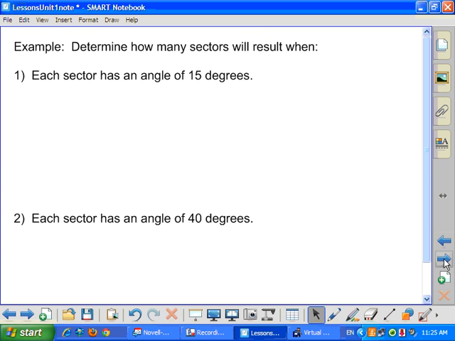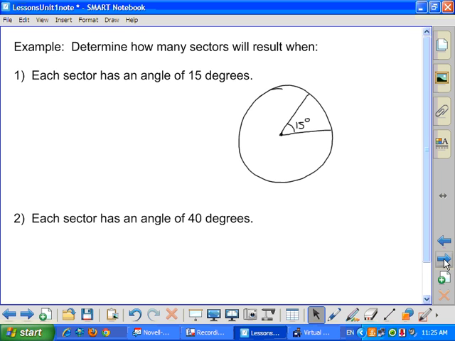The first set of examples: how many sectors will result when each sector has an angle of 15 degrees? It always helps to sketch it out. We have a circle, and each sector has an angle of 15 degrees. How many sectors are we going to end up with?